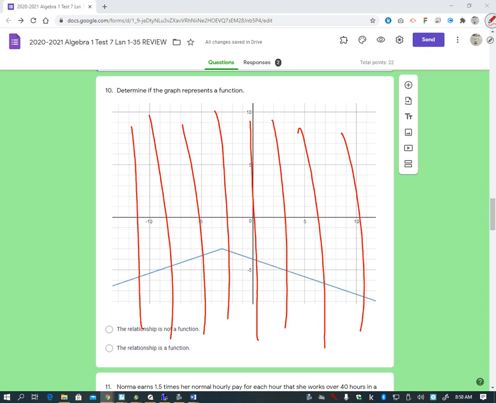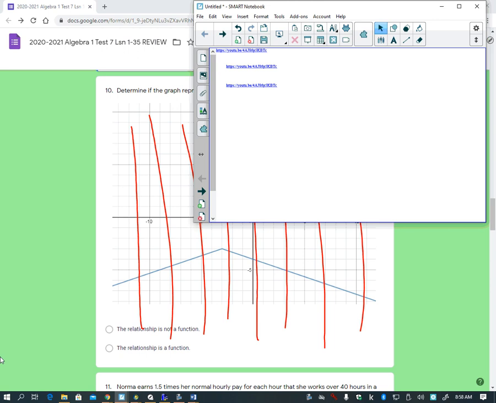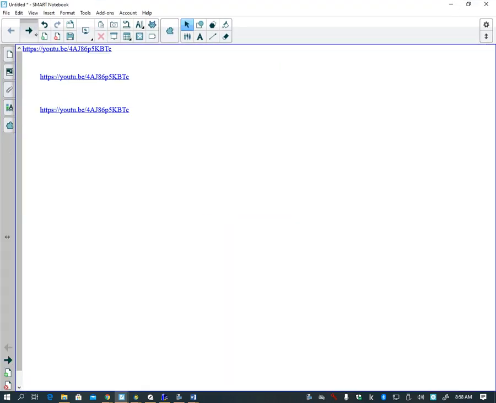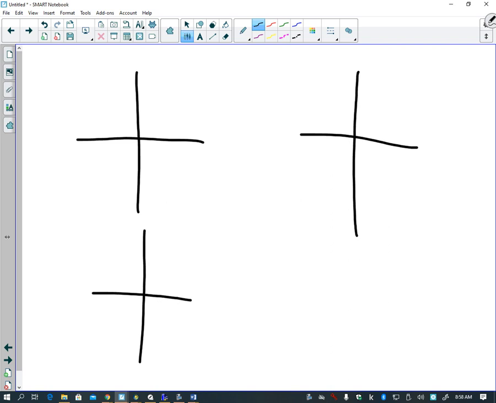On another test, let me see if I can just draw it and give you some examples of what I've seen in other stuff. Let me pull up this and show you some of the things that I've seen, where we've seen multiple different graphs.